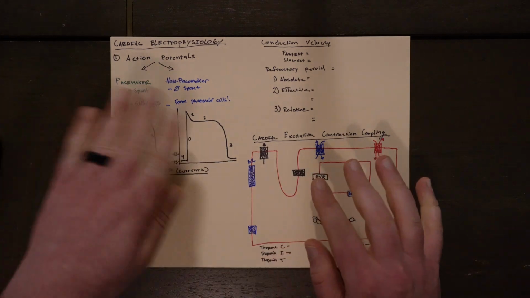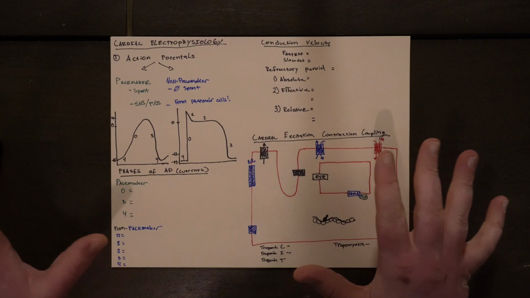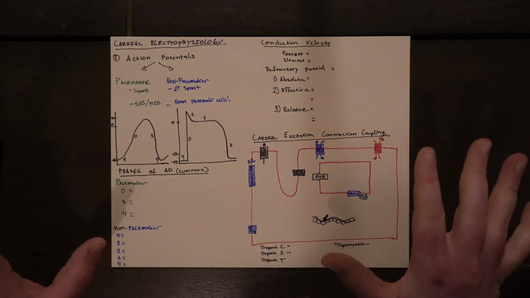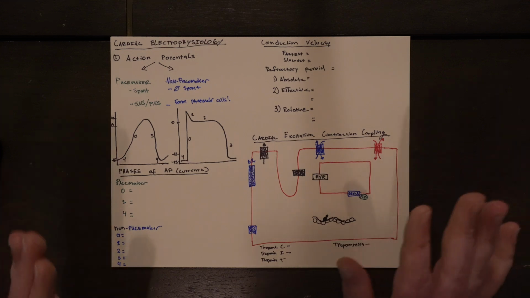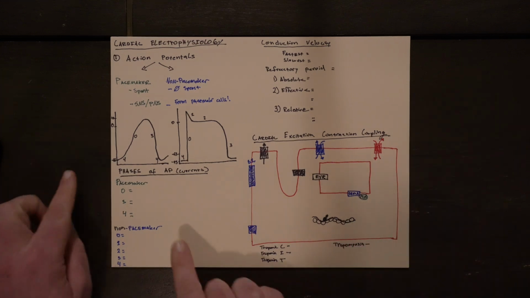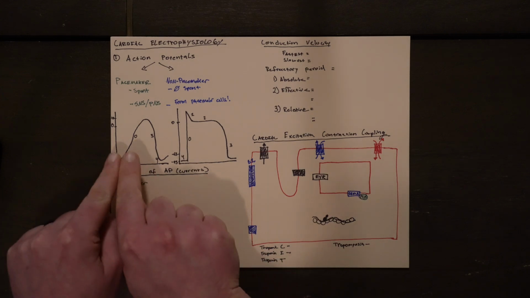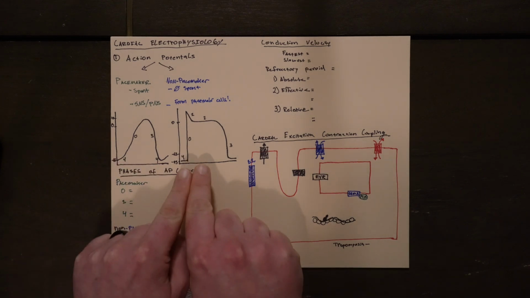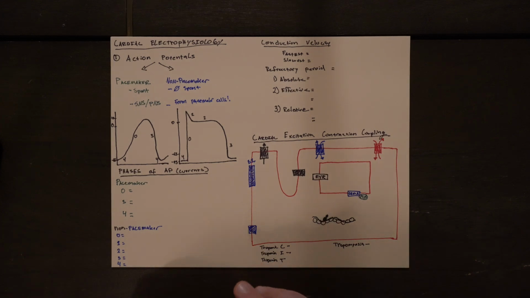They kept it like this so the numbers would generally correlate to what's going on in that action potential, but there are some important differences between a phase 4 in a pacemaker and a phase 4 in a non-pacemaker, or a phase 0 in a pacemaker and a phase 0 in a non-pacemaker. So let's go over those differences.